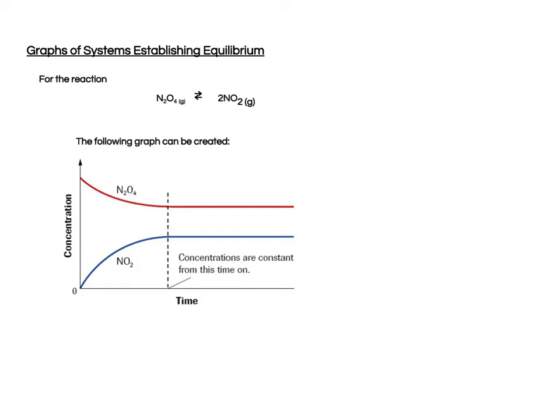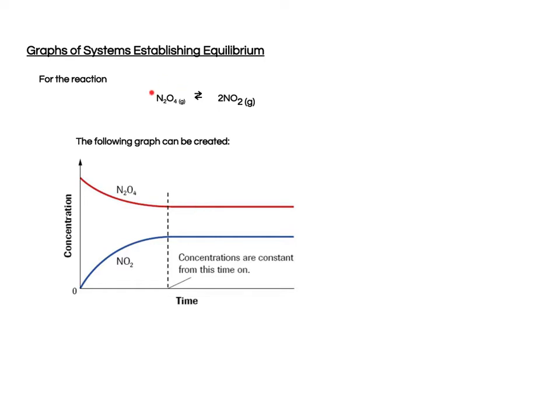So I can tell that my N2O4 is going to be a reactant in this reaction because its initial quantity is not 0. And I'm starting off with 0 NO2 based on this particular scenario. And so as you can see, over time, the amount of N2O4 is decreasing. Why is it decreasing?